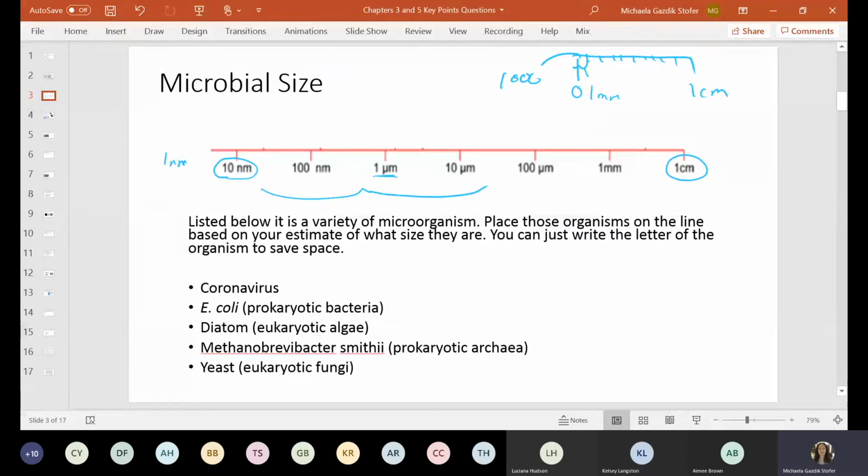Coronaviruses are about 120 nanometers, so they would fall right around here. And that's to help remind you that your viruses are all typically going to be under about 500 nanometers. So anytime you're down in this range, we're going to be looking at viruses.